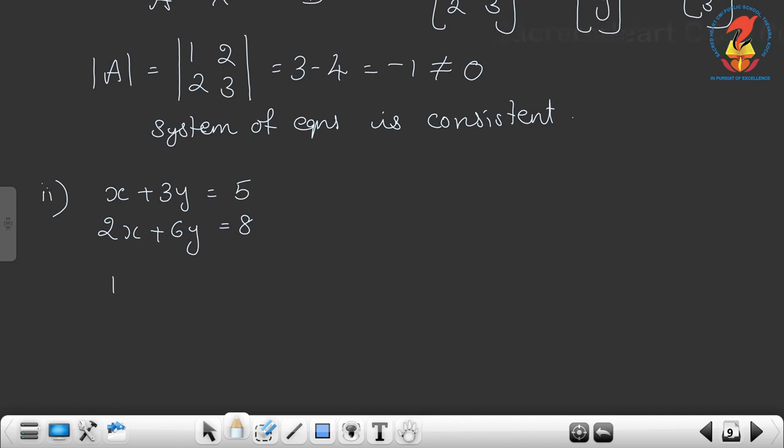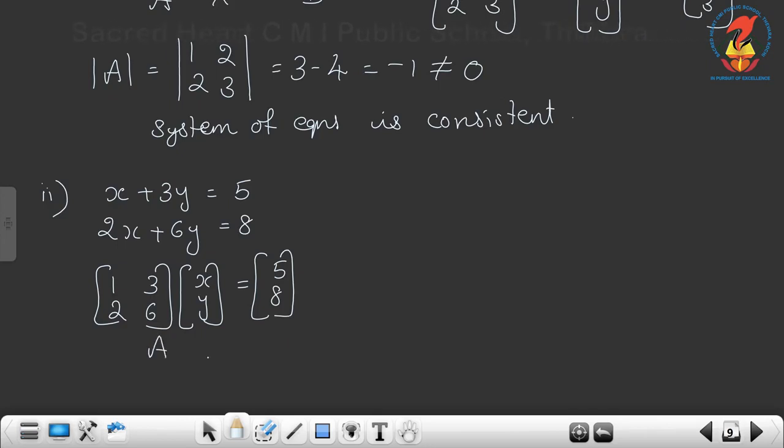So we write this as 1, 3, 2, 6 as one matrix, then column matrix x, y, and right hand side 5, 8. Ax is equal to b. A is the first matrix, x is this column matrix, b is this column matrix. Then first we find determinant A.